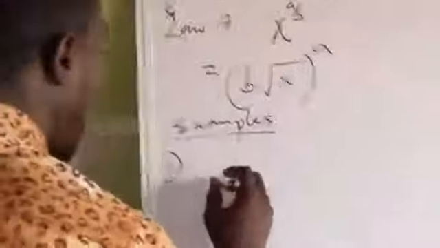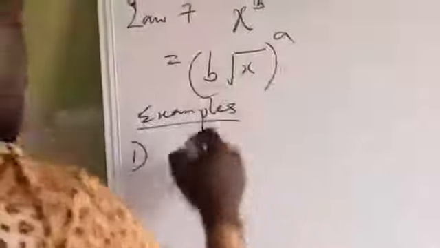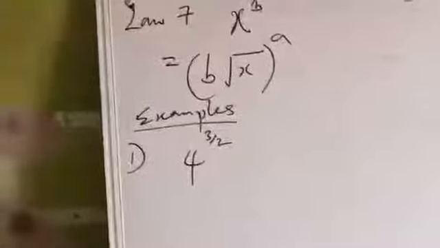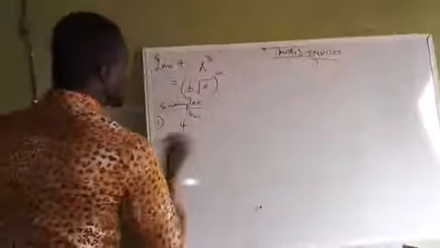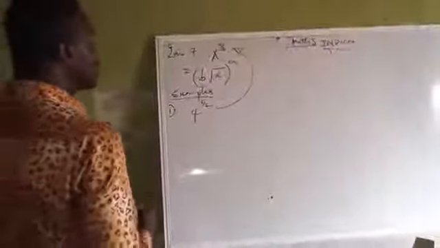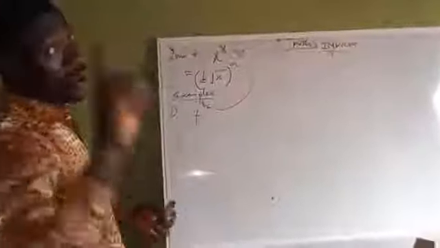So here we have 4 raised by 3 over 2. Here we are going to use this law, because the numerator is no longer 1.